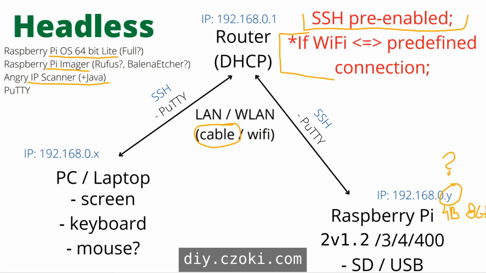And finally, for the connection over the SSH protocol, we're going to use PuTTY. We'll end up with a terminal shown on our PC or laptop with a command line, while updating the Raspberry Pi with the latest packages from the repositories.